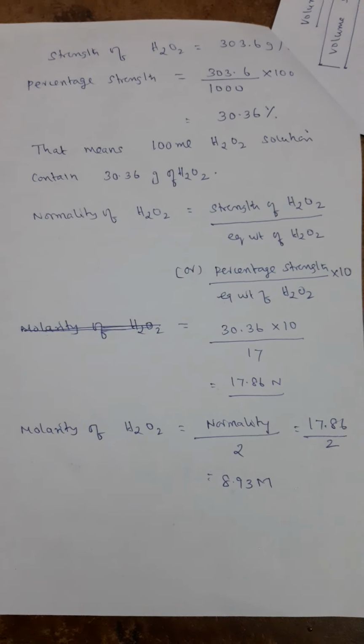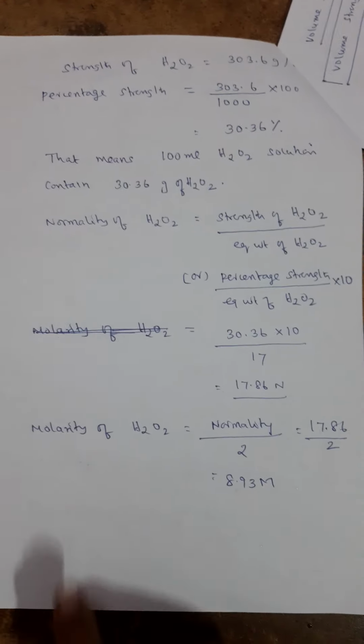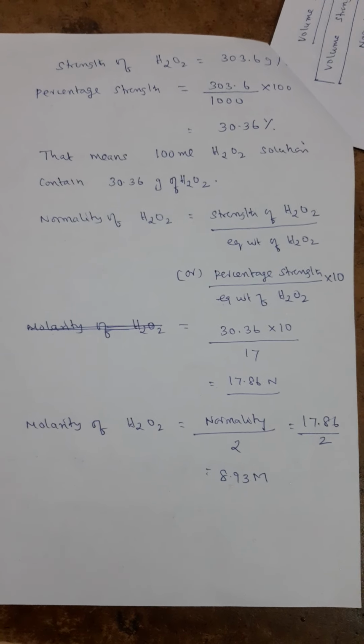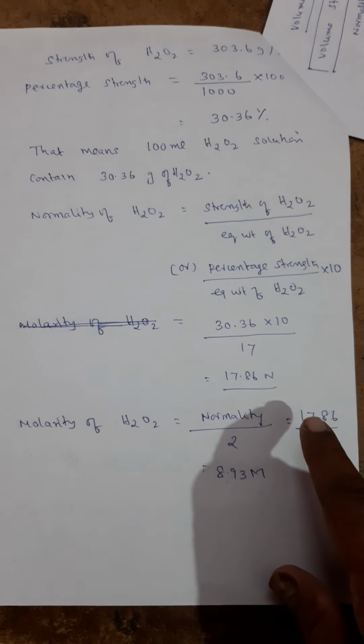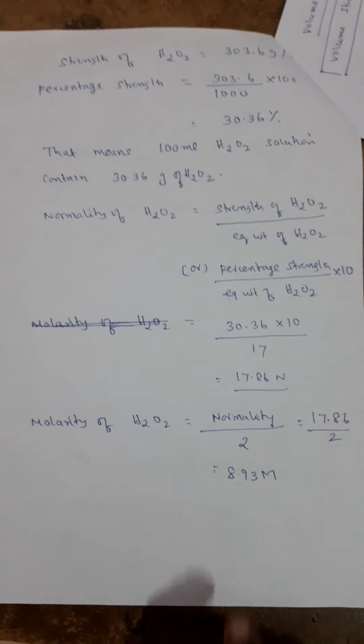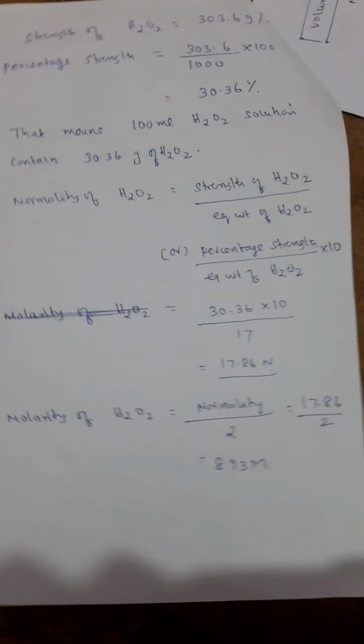So we get 17.86 normality. Molarity of hydrogen peroxide is normality by 2, that is 17.86 by 2. We get 8.93. This is the molarity of hydrogen peroxide solution.